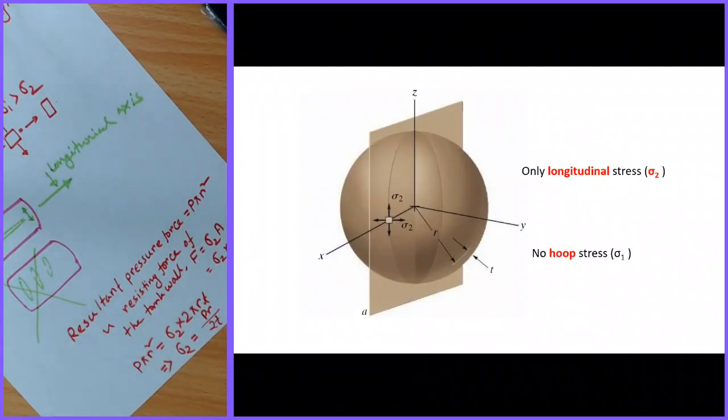So what does that mean? That means that in spherical pressure vessels, only longitudinal stresses are involved. The wall experiences only the longitudinal stress, sigma 2, in both directions, in this direction and also this direction. There is no hoop stress.